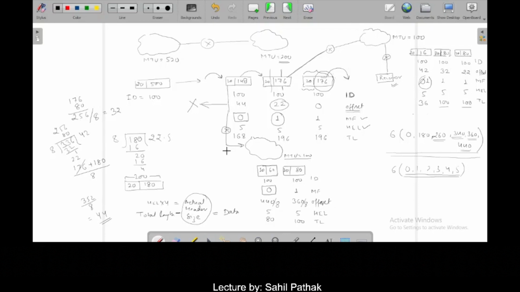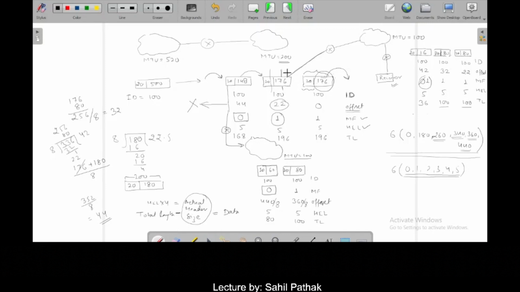Okay, now how about this? When the last fragment is further refragmented, you can see how many data bytes are ahead of this are similar to the data bytes ahead of this. So how many data bytes? 176 plus 176, because here also if you calculate the data bytes, it will be 176.